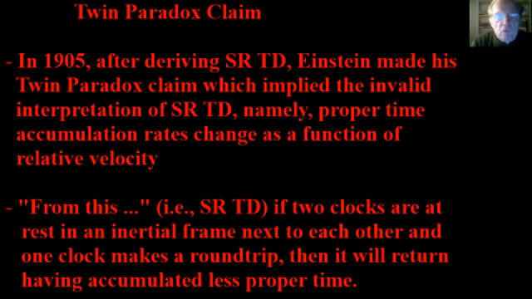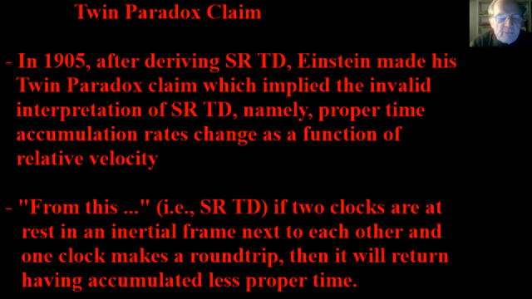He had, after deriving special relativity time dilation, he made his twin paradox claim, which implied the invalid interpretation of time dilation. And when I'm talking about time dilation, I'm always talking about special relativity time dilation.